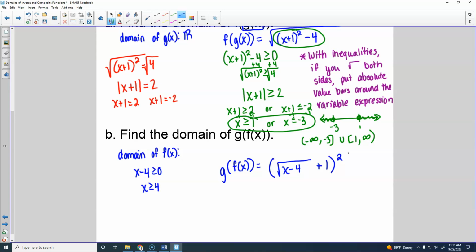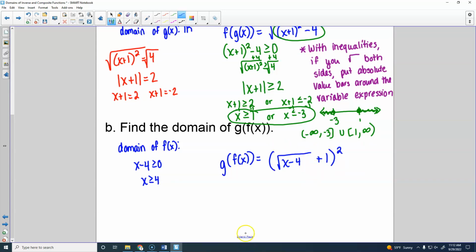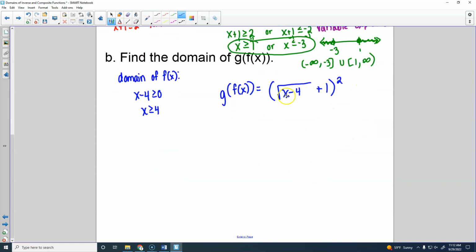The question is, does that square get rid of that square root? Some of you might think it does, but the way she asked that question makes me think the answer is probably no, right? If that square got rid of the square root, then you'd have no restrictions on this. You don't necessarily have to do this, but let me show you why it does not.